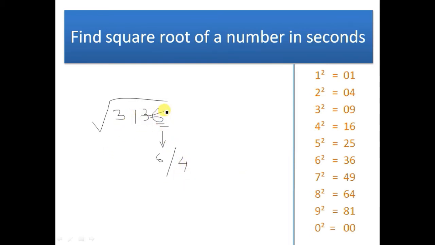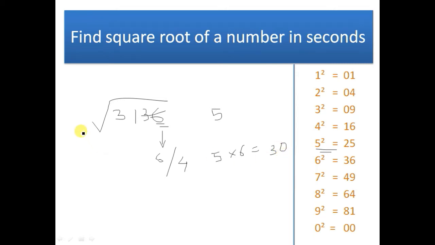Then we strike this out. We have 31, so the perfect square near 31, smaller than 31, is 25. 25 has a square root of 5, so 5 is the first part of our answer. Multiply this 5 with the next number in series, that is 6. So 5 into 6 is 30.